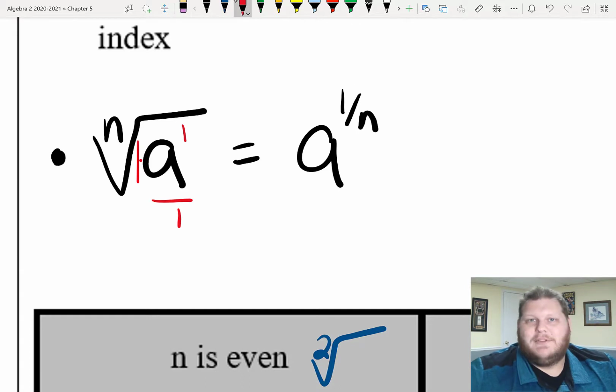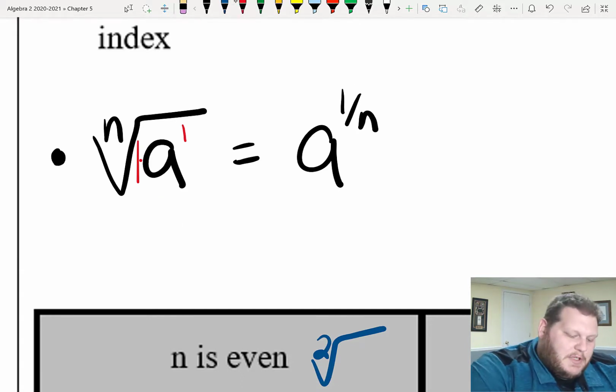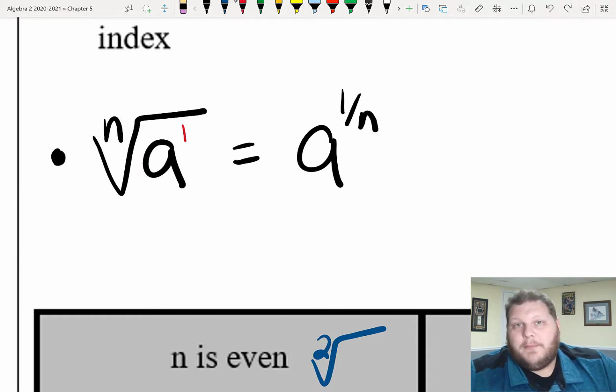All of those things are still totally allowed. But more specifically, with our exponent of 1, that's where the 1 in 1 over n comes from. That rearranging of my radical term to my exponential term, the nth root of a to the first power, can be rewritten as a to the 1 over n power.